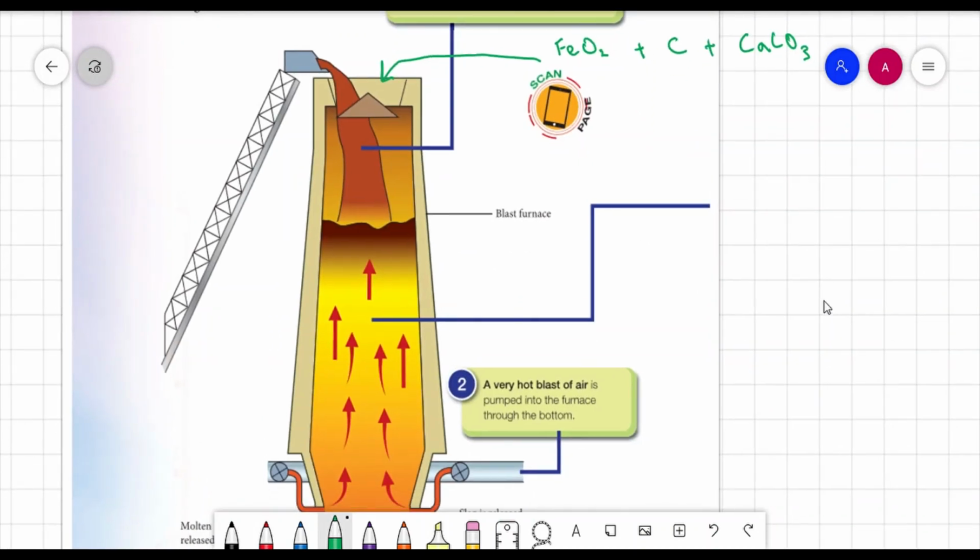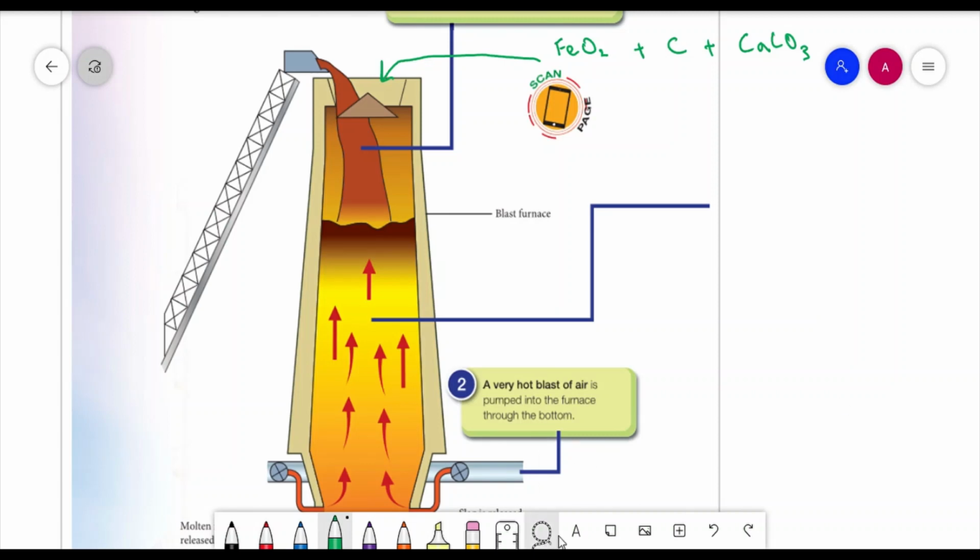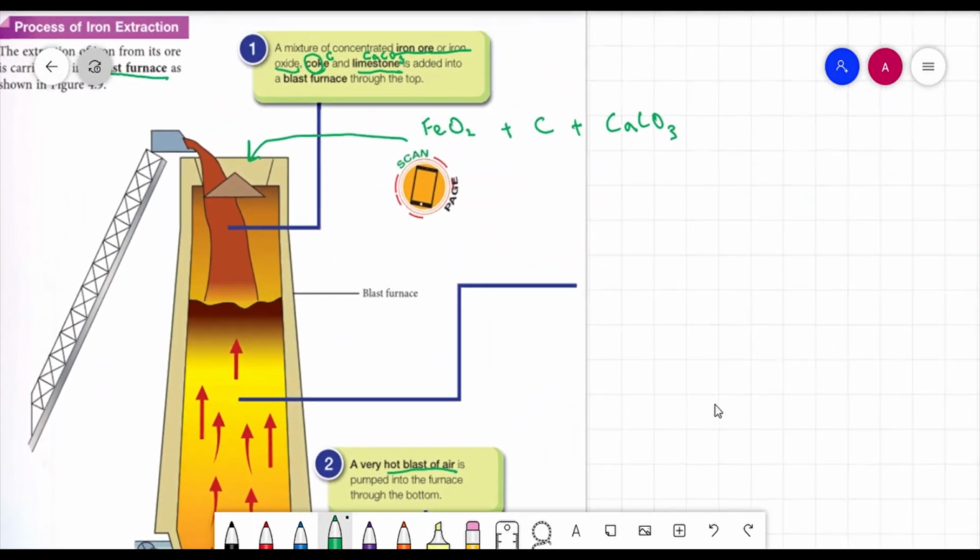So next, we pump the hot air into the furnace through the bottom. So hot air, we supply the oxygen. So these are all the reactant needed or the reactant used to extract the iron.